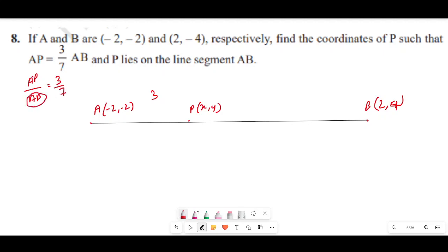This is the whole length, and this is a part of the length, AP. If we try to find AP upon PB, then AP is 3 but PB is 7 minus 3, that is 4. So 3 by 4. Now for x and y we will use the section formula.